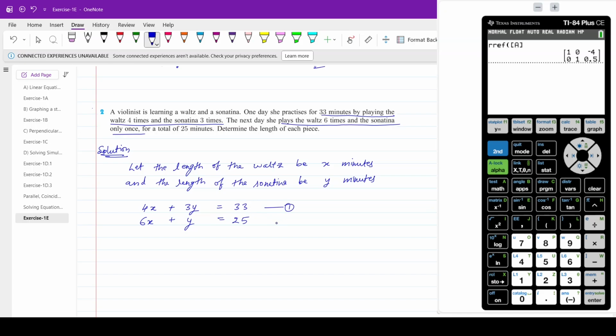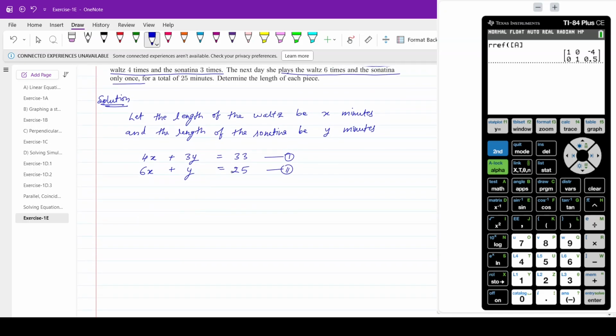This is our equation 1. This is our equation 2. Now we just have to solve these equations and find the value of x and y. That will be our answer.